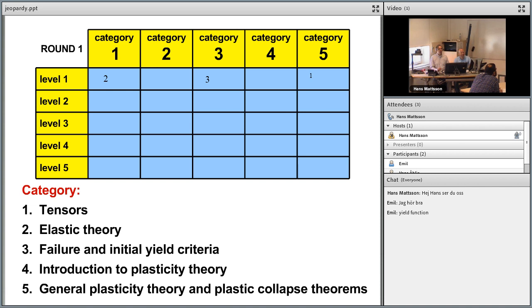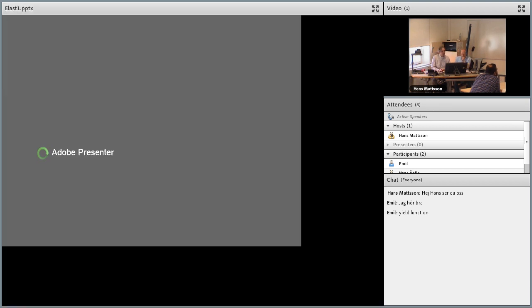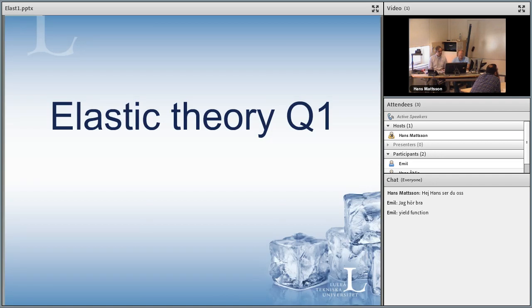Then we go to group number 4. See what you choose here. Elastic theory, category 2, level 1 is group number 4 choosing here. Okay, are you ready?